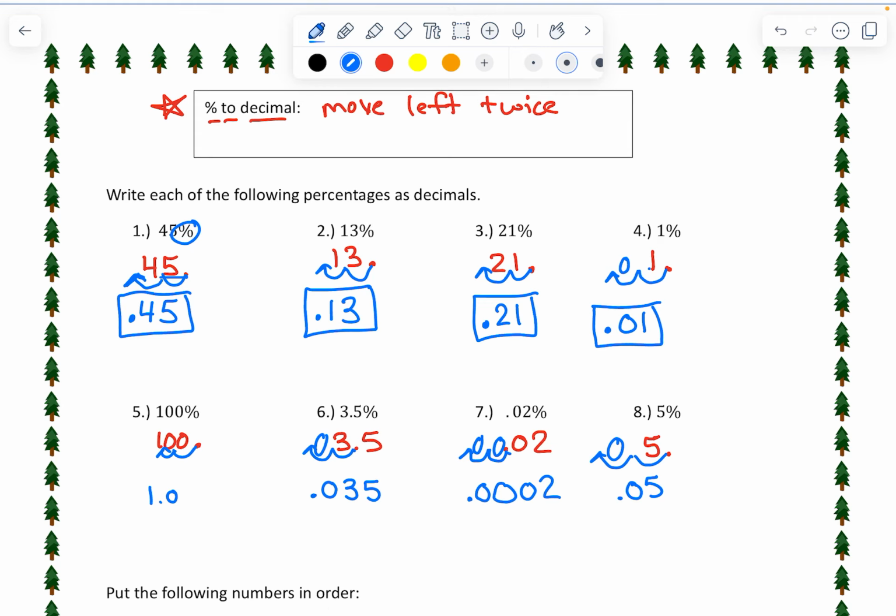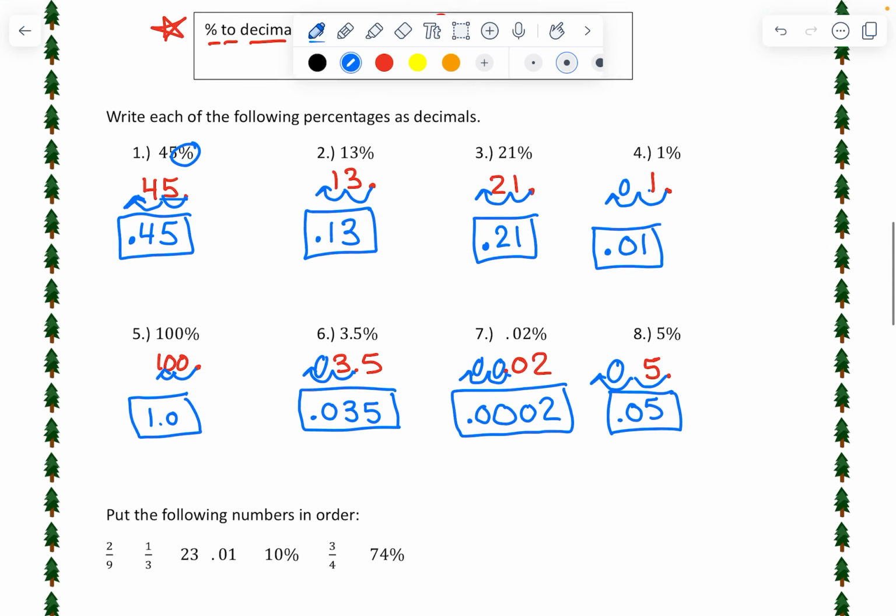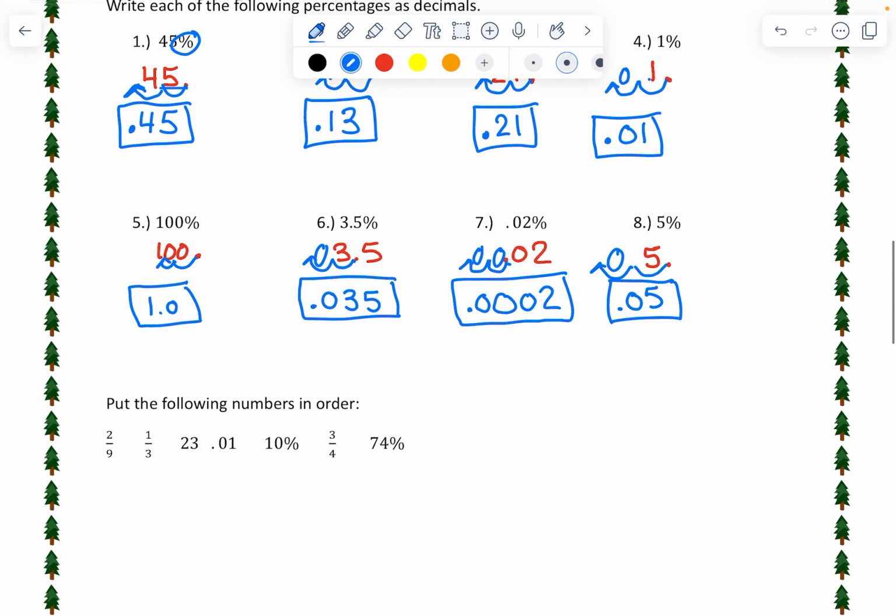All right, you can go ahead and see if you got them all. I have 1.0, 0.035, 0.0002, 0.05. So hopefully that worked out okay for you.